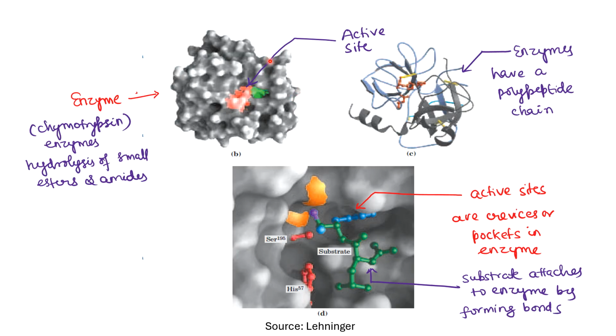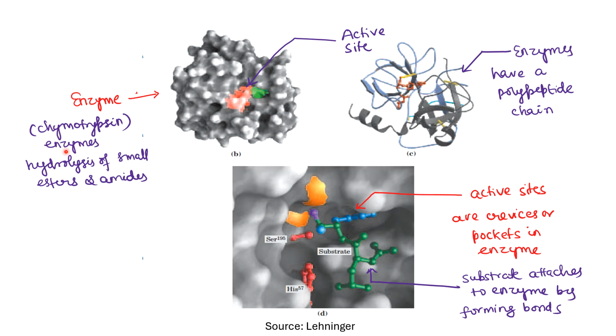Let's now look at how the enzyme and its active site actually look. So look, this is the structure of the enzyme. It is a tertiary structure of the enzyme. It has many secondary structures, and the folded tertiary structure of the enzyme has a few pockets in it, and we call such pockets crevices.